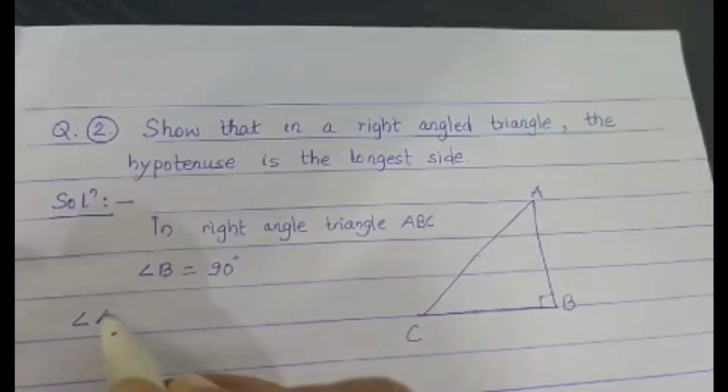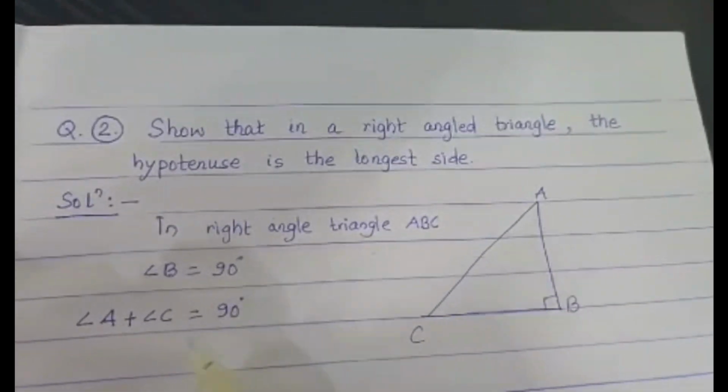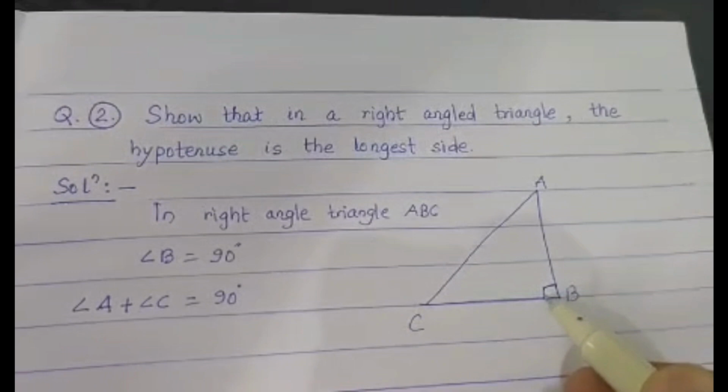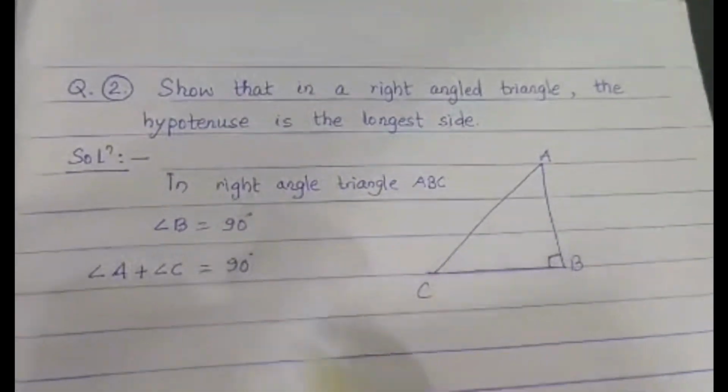That means angle A plus angle C is equal to 90 degrees. One angle is 90 degrees, so the rest of the two will add up to 90 degrees, because of the angle sum property.